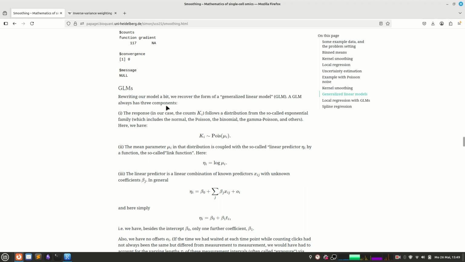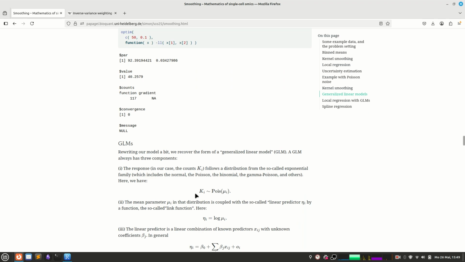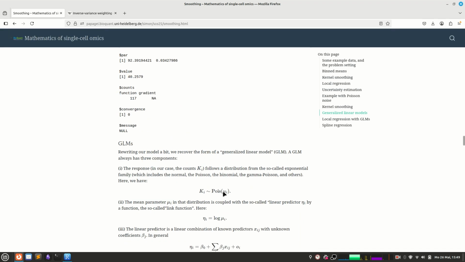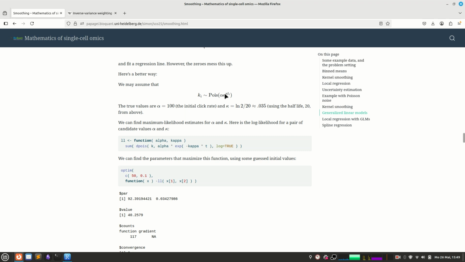And we can now recover that our question here has exactly this shape. Because in our case, we say K is a Poisson, and the mean parameter lambda is alpha times e to the kappa tau. And if I push this through my link function, which is a logarithm, this of course turns into log alpha plus kappa tau.